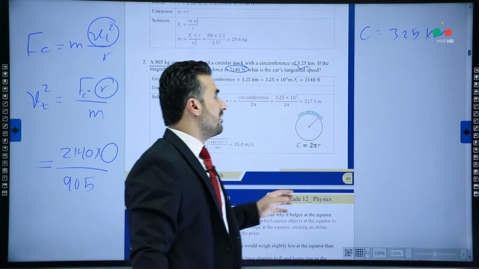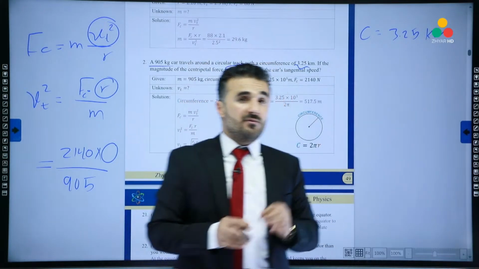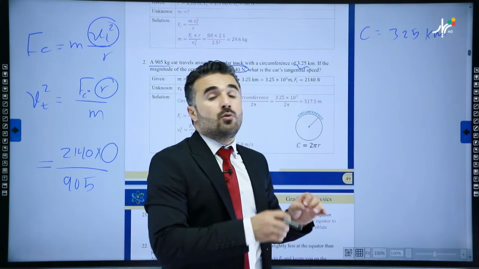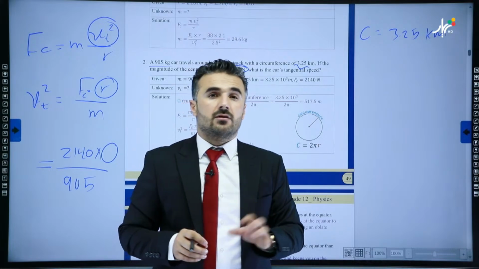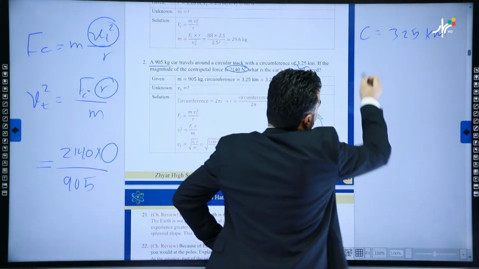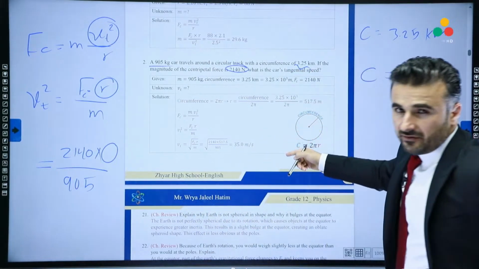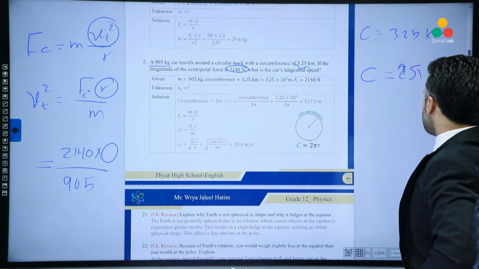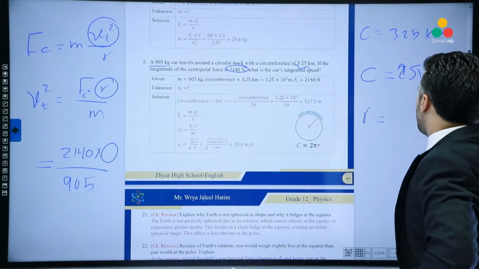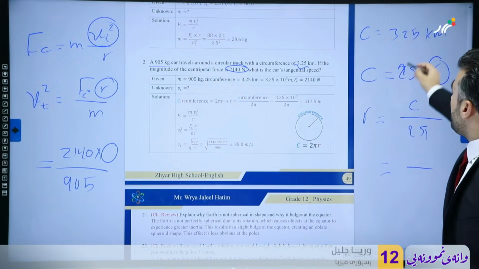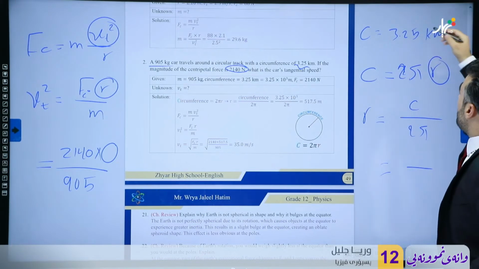They have given you the circumference for one reason only. And remember this, whenever they give you the circumference, it is only for one purpose, and the purpose is to find the radius. So how do we find the radius in this case? The circumference of a circle equals 2 pi r. So we can find the radius: r equals circumference divided by 2 pi. The circumference is 3.25 kilometers.